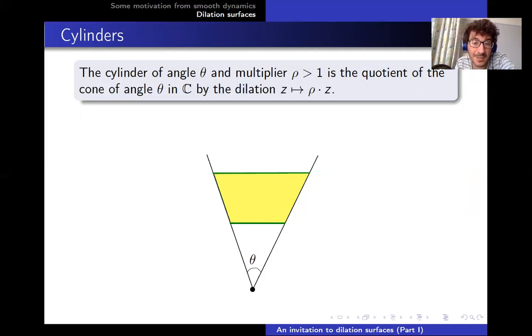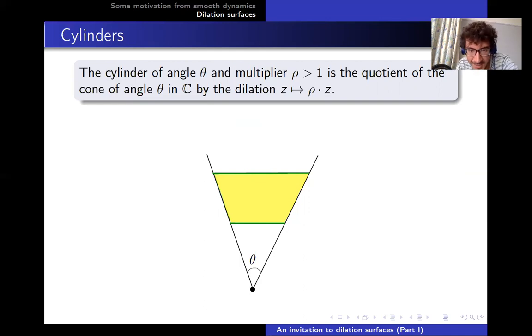What you get is a topological cylinder, but since my identifications have been made using real affine maps, it is also a dilation surface with a geodesic boundary, in the sense that the boundary follows a straight line in the complex plane.